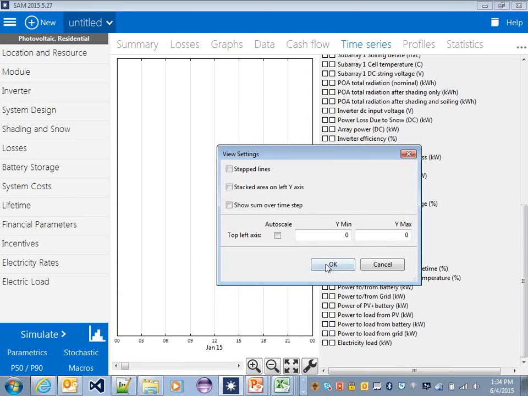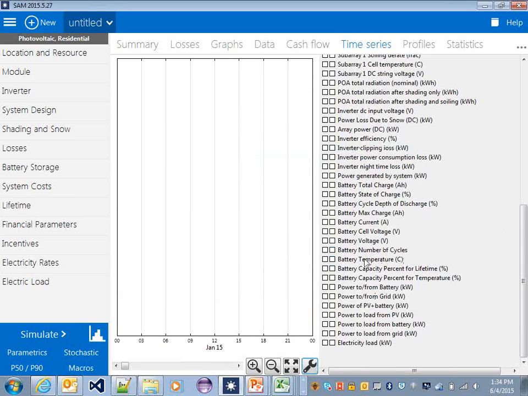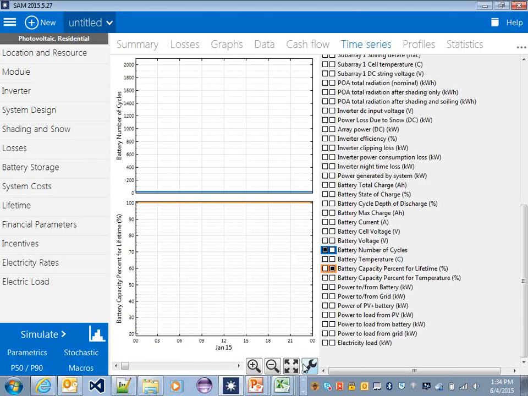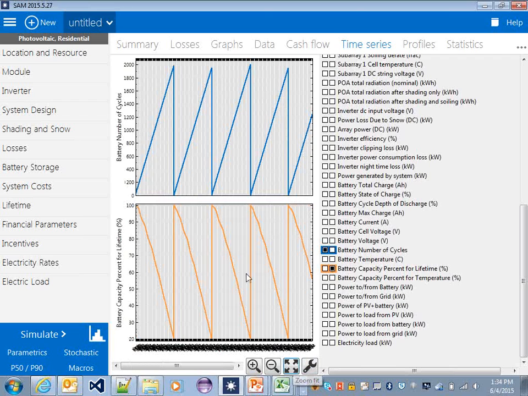Another output we can look at, again, the number of cycles and also the battery capacity percent for lifetime, which is how much it's degrading. So that's where I got that plot before. And so this is over the entire analysis period of 25 years.